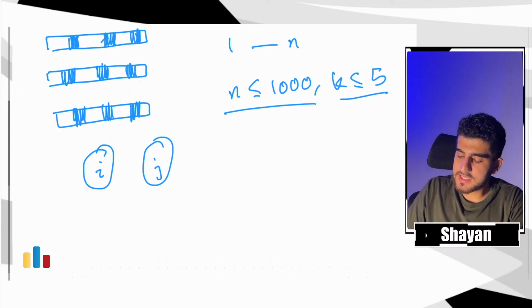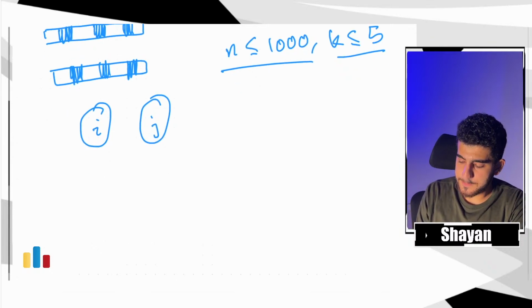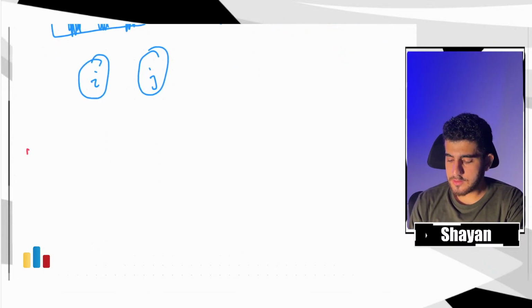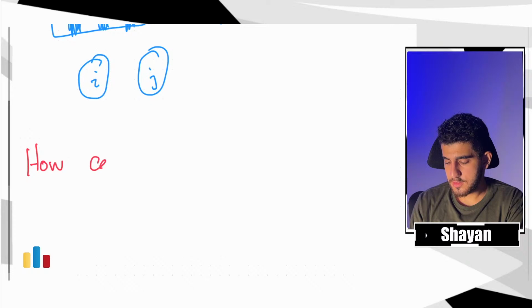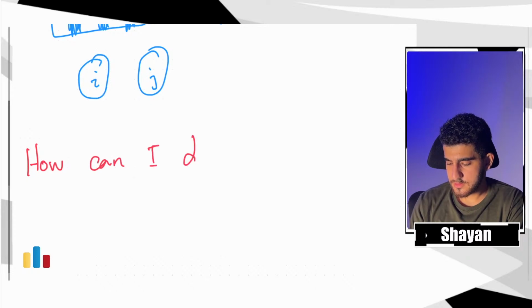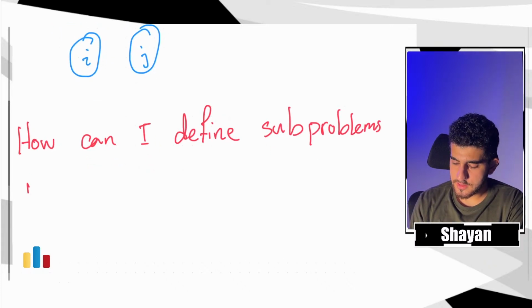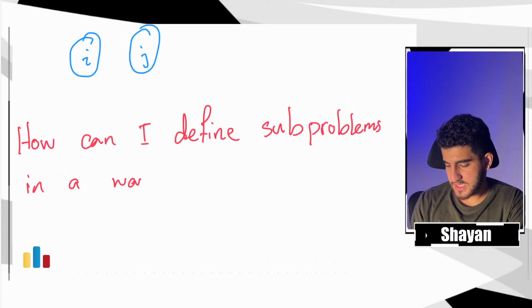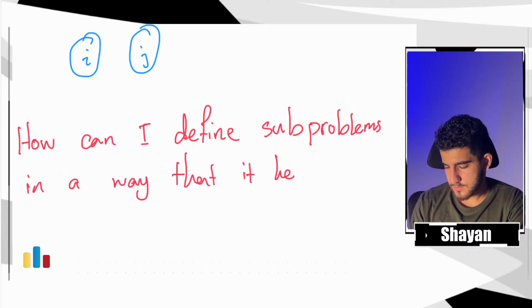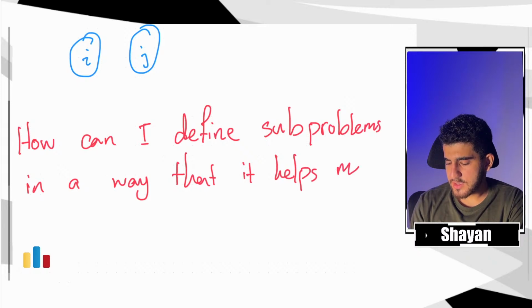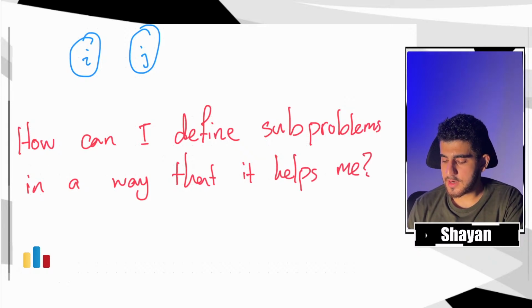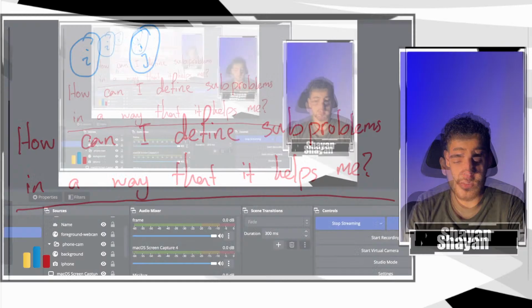So the question is that, again, if I want to use DP, how can I define subproblems in a way that it helps me? What do you think? How can I define DPs on this problem?